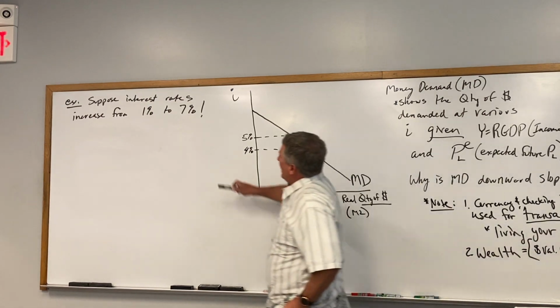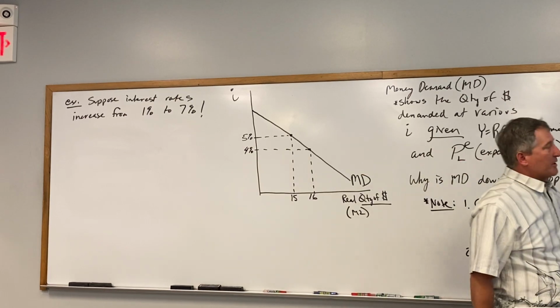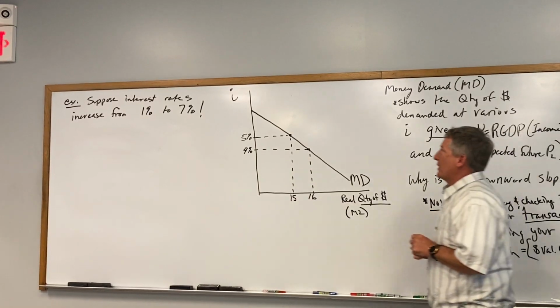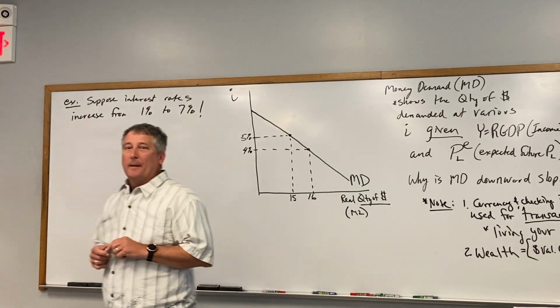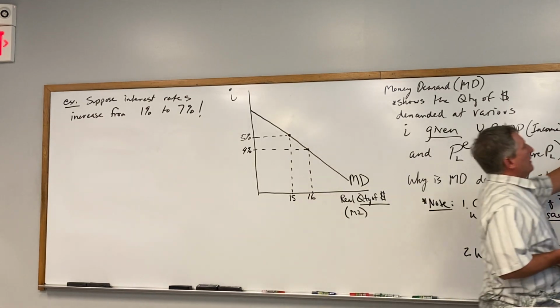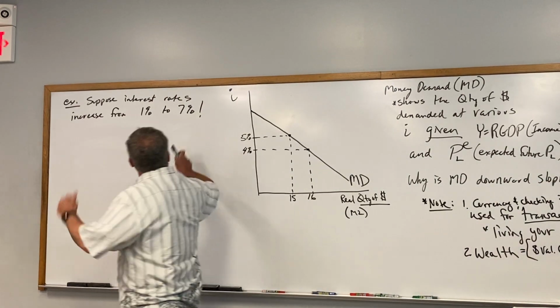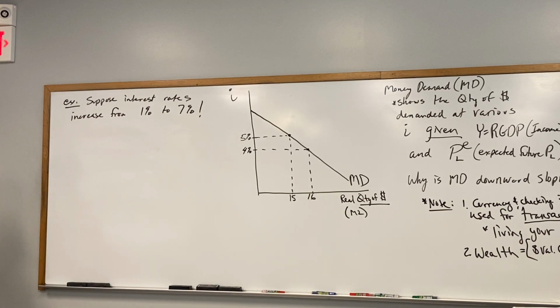When you're getting a really good rate of return on investing, what might you do if interest rates climb from 1 to 7%? Buy more. Buy more bonds, and then what happens to your checking account? If you're buying bonds, what happens to your checking account to buy them? Does it go up or down? Down, right? You're moving money from your checking account into Wall Street. You're shifting your money, and so that causes the money supply to fall.